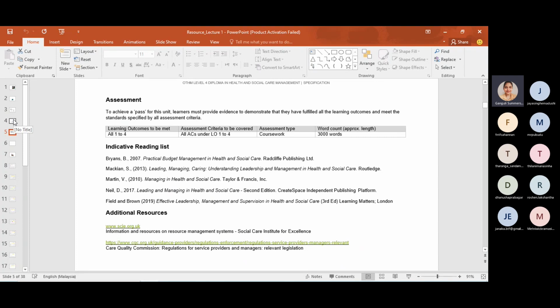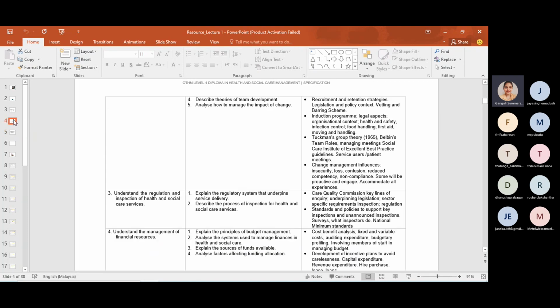If you covered only 12 out of 13 in your assessment, it will still be a fail, because there are 13 to be covered. So basically, as you already know, all the learning outcomes and all the assessment criteria should be covered in your assessment for you to achieve a pass for this subject.